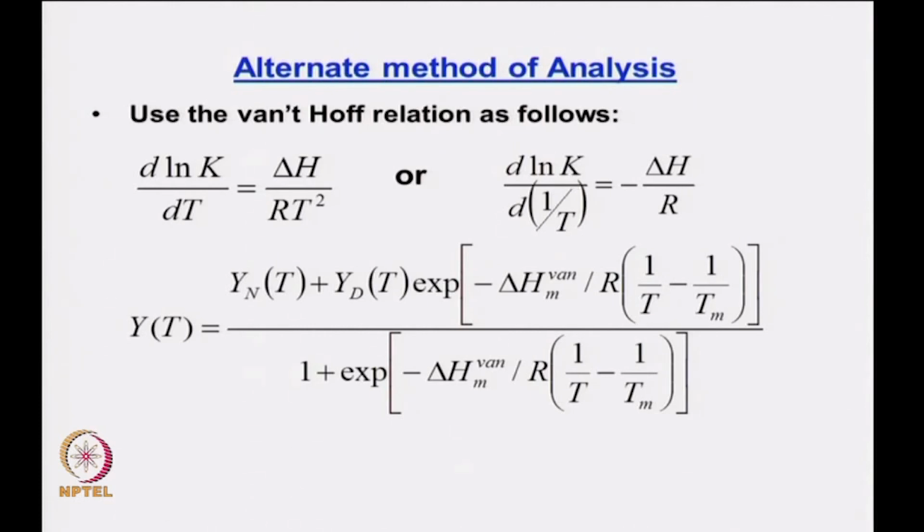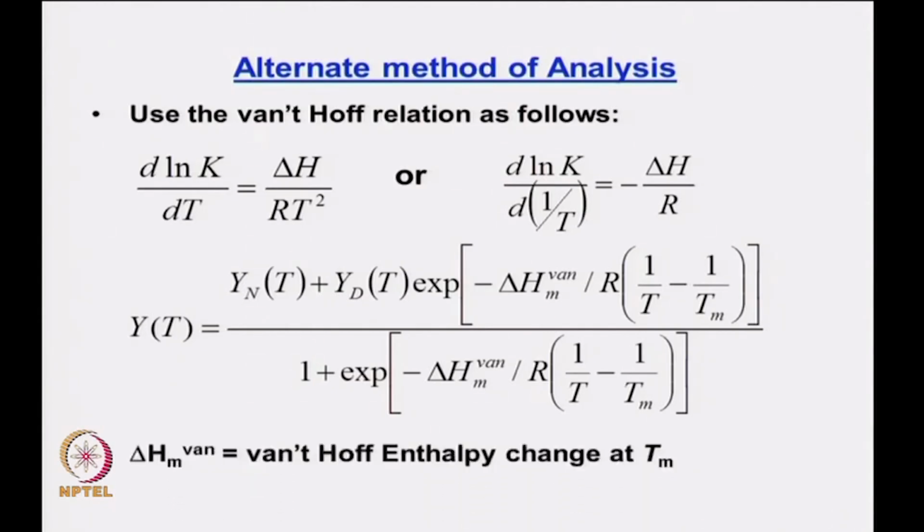See what I have here: I still have yn, yd, delta Hm and Tm, but I do not have delta Cp here. This delta Hm with a superscript vH means the Van 't Hoff enthalpy change at the midpoint of transition Tm.